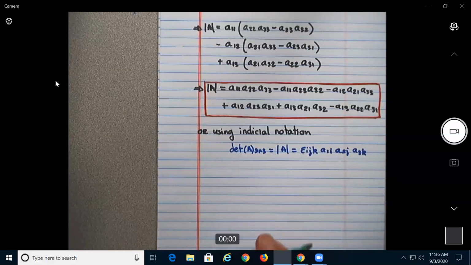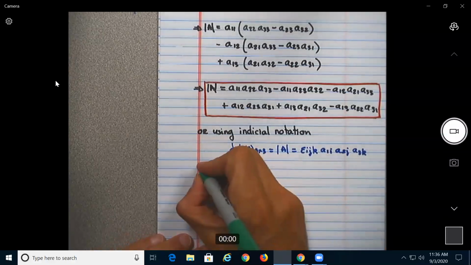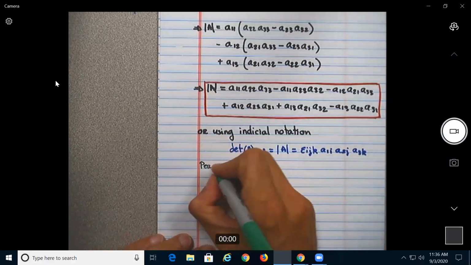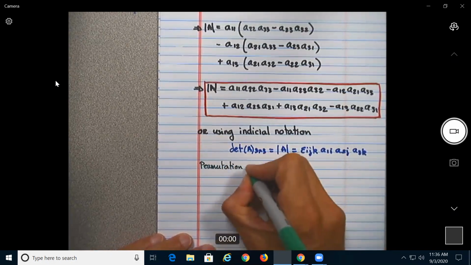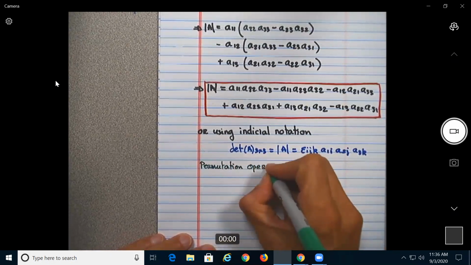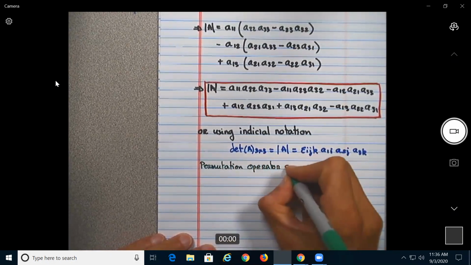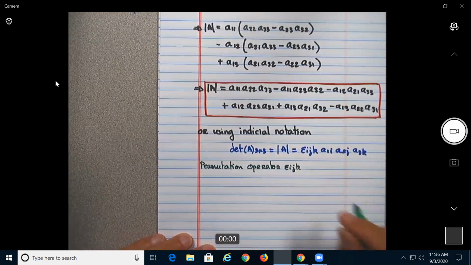Okay, so let me do the same figure as the other day. For the permutation operator, the Levi-Civita, the same thing I did the other day.